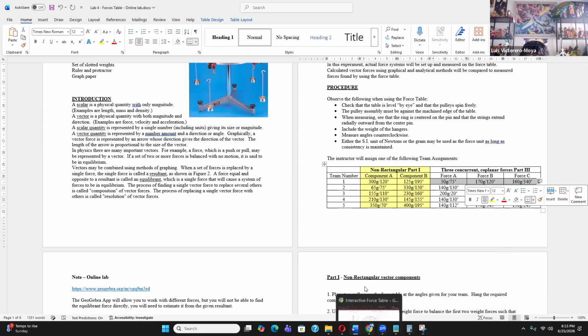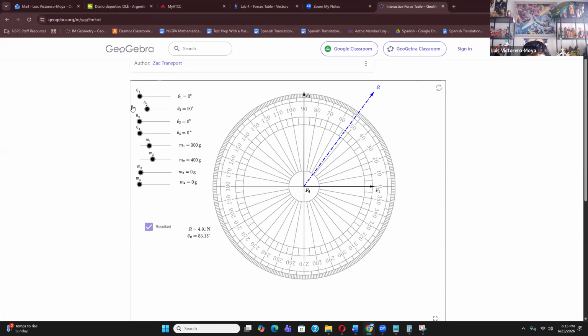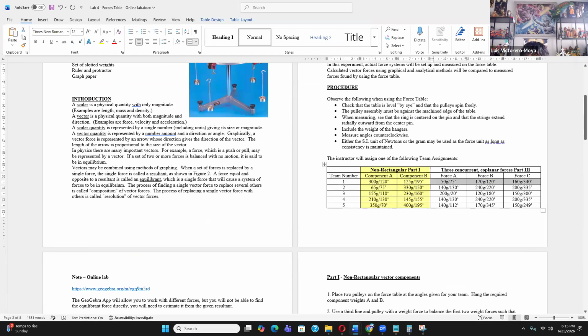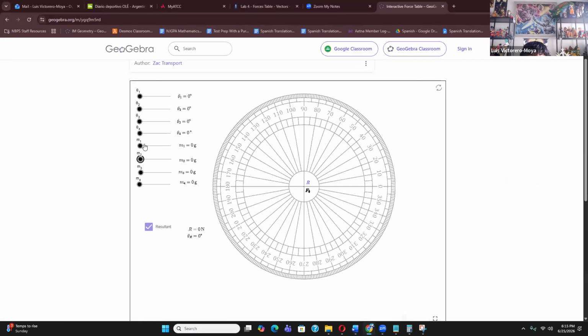So 50 grams, 170 grams, and 160 grams. There.